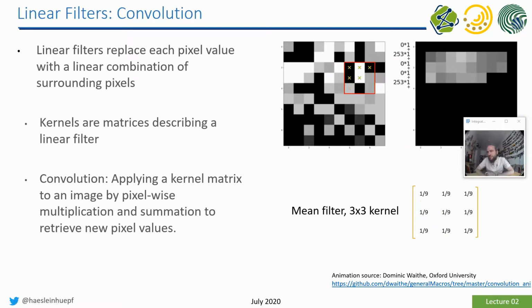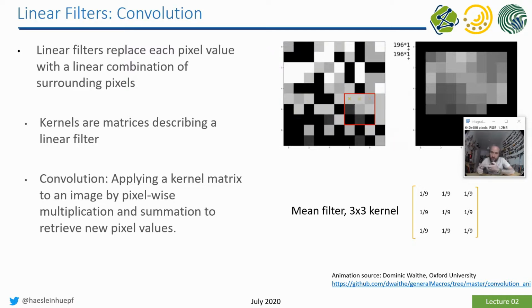The process we are doing here is called convolution. So we convolve the original image with a kernel matrix of that kind, where every entry in this matrix corresponds to a certain neighbor pixel position and the weight, the factor, which has to be multiplied to this pixel in order to compute the new intensity in the new image. So we are convolving an image with a kernel matrix.